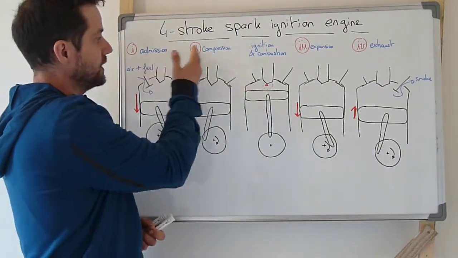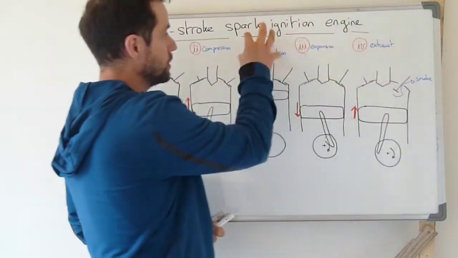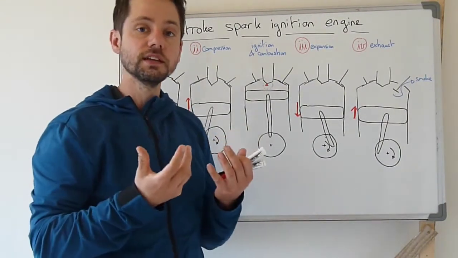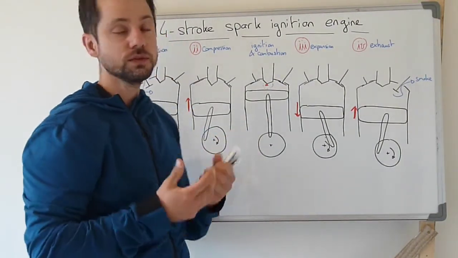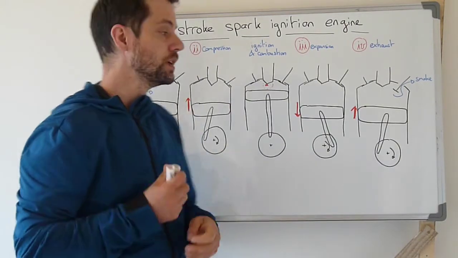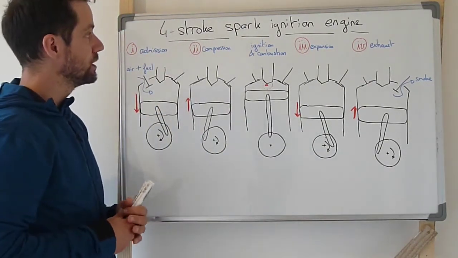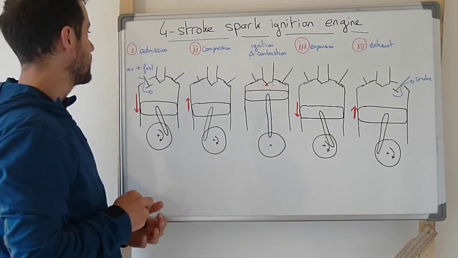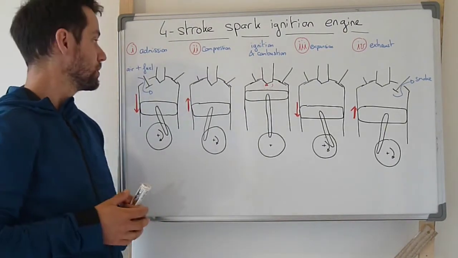So we can find these four strokes, and also something that is taking place almost instantaneously between two strokes. So let's start with the first stroke that we can call the admission stroke.